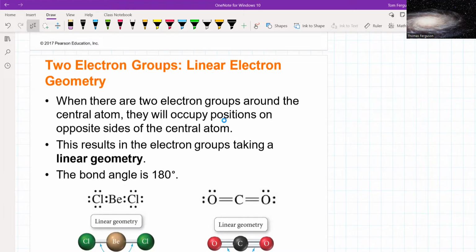Now I want to specify it isn't just a linear geometry.